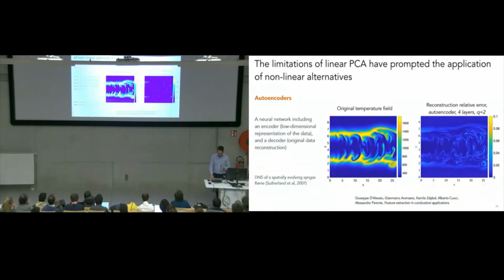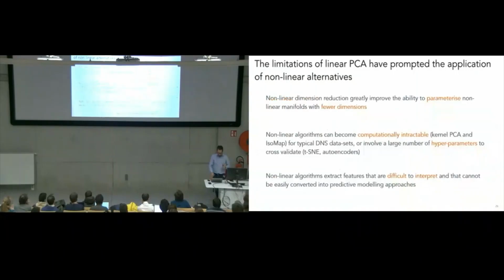Okay. Now, why don't we look at approaches that are based on PCA? What we have seen here is that the limitations of PCA have prompted the development of approaches based on nonlinear search into nonlinear data sets to parameterize these nonlinear manifolds with fewer dimensions.